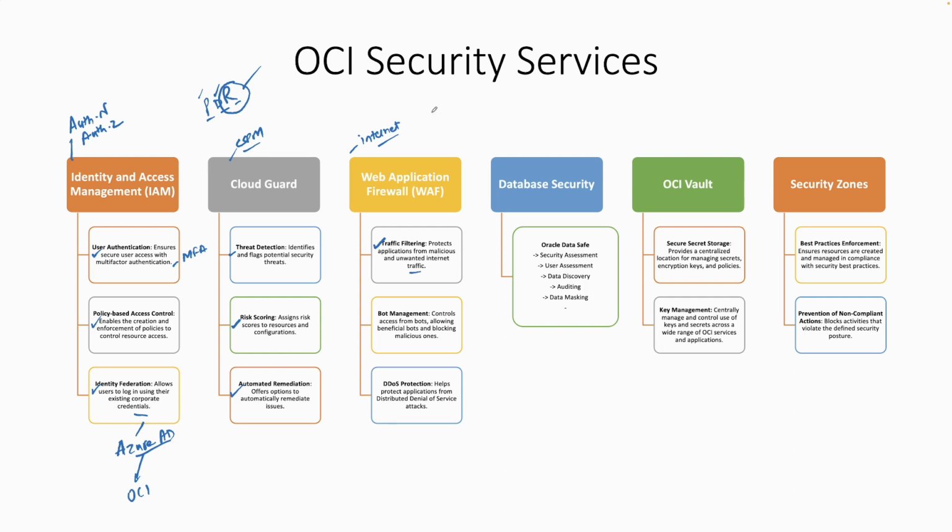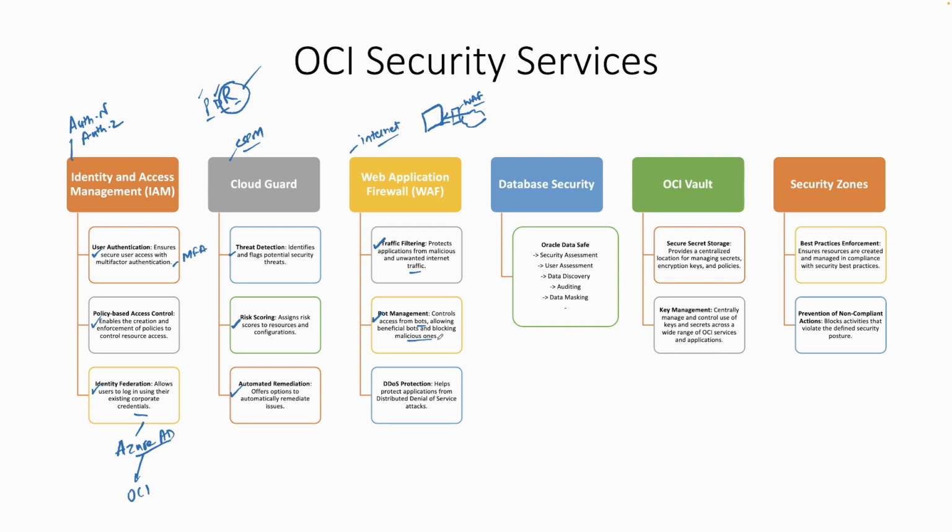So if you have, let's say, this is your internet and it's directly reaching your servers, in between we are keeping a WAF, right? It's just like a firewall. It's the same concept of a firewall, but we call it a WAF, which is web application firewall. It's a service within OCI.